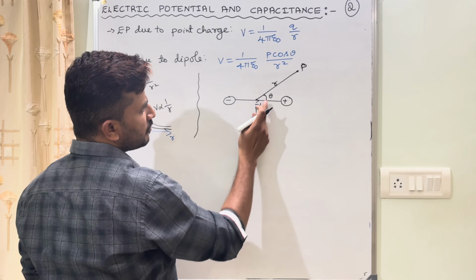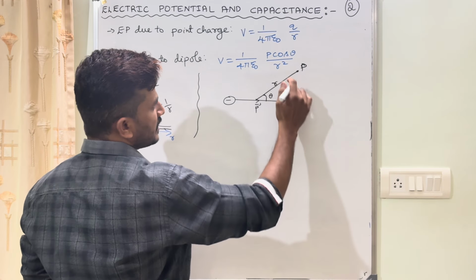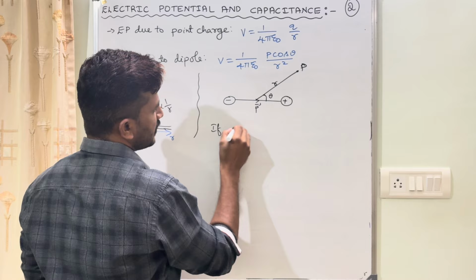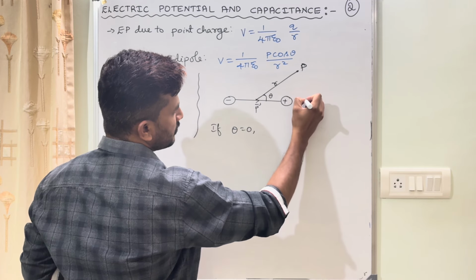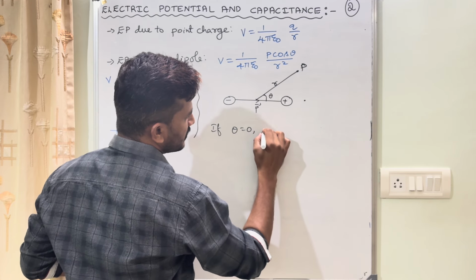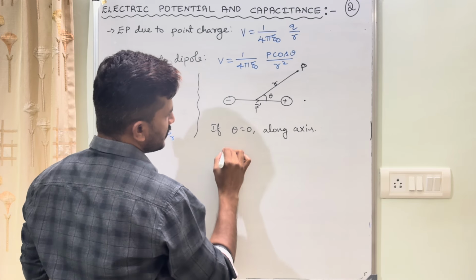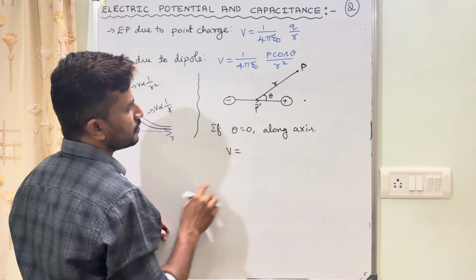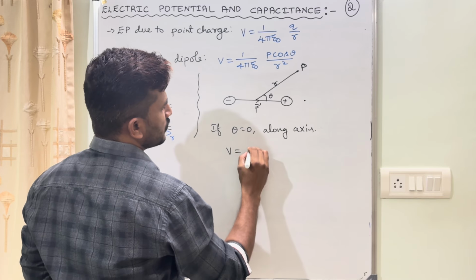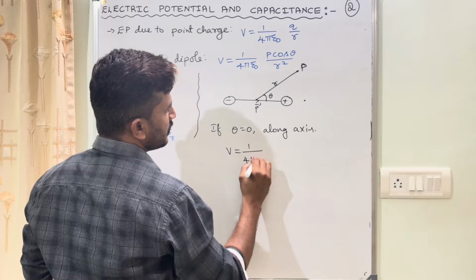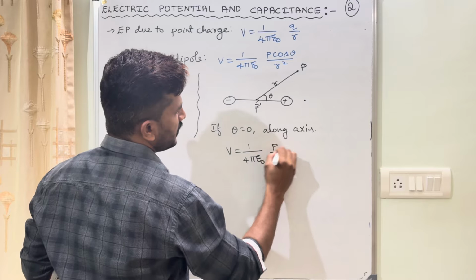This theta is taken with respect to P. If theta is 0, that means P will come this side, that means along the axis. So what is the electric potential due to dipole? cos 0 is 1. So we will get 1 by 4 pi epsilon naught p divided by r square.